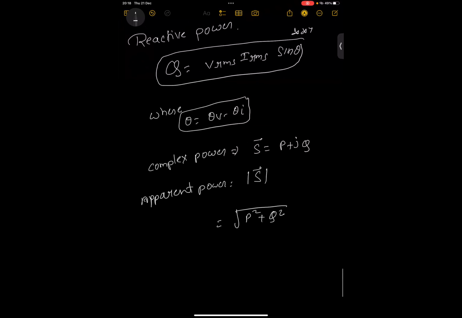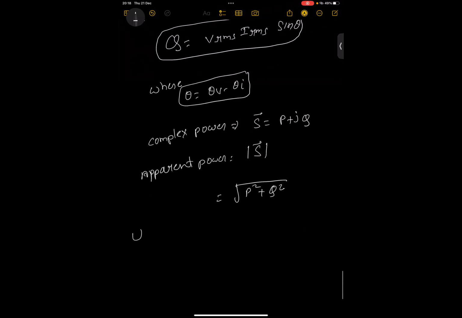Okay. Now the units. P has unit watt. Q has unit VAR. And S has unit volt ampere. That is the unit of apparent power, real power, or reactive power.